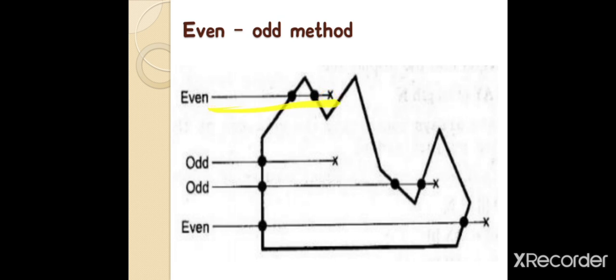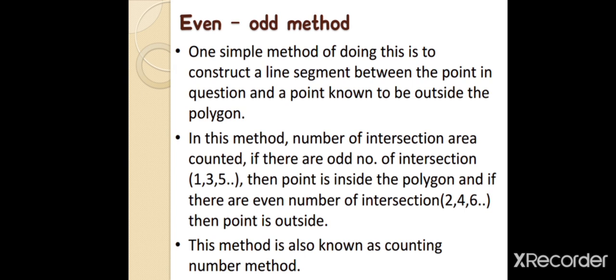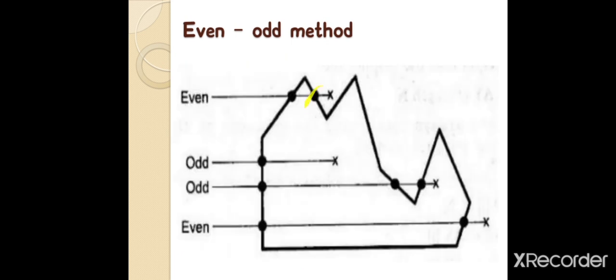We have connected these two, and when we connect these two, it creates one line segment. Next, we have to check the number of intersections. So this is the first one, this is the second one.